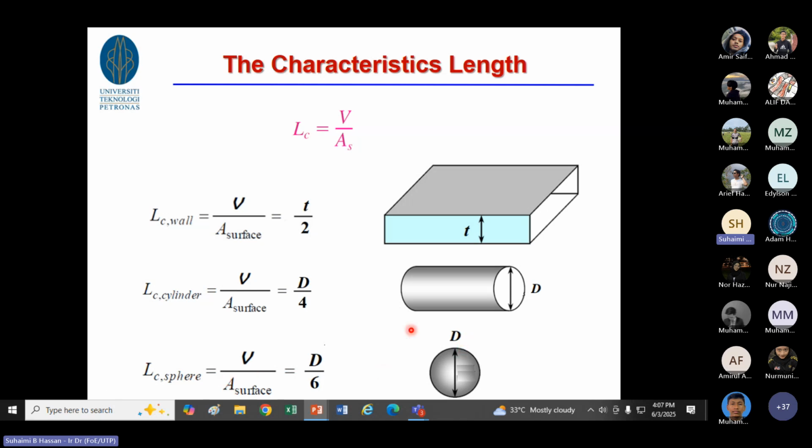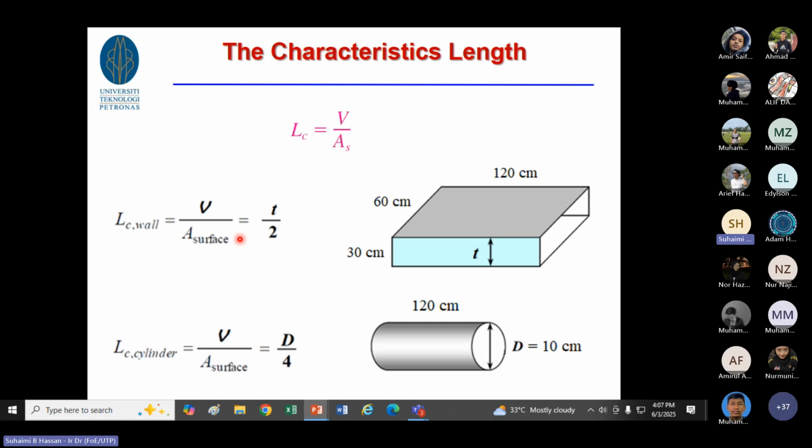We can have one simple calculation to confirm why rectangular is T over 2 from volume over surface area. It's not in your slide, but I need your cooperation to calculate now.